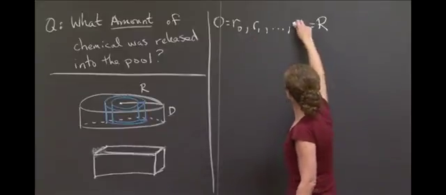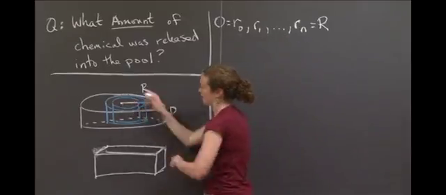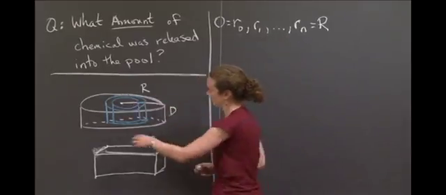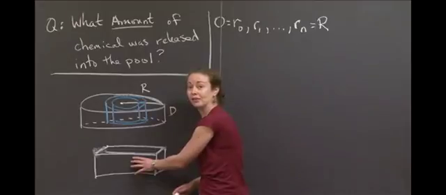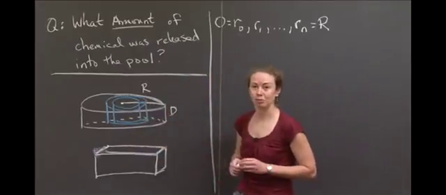But I have n different partitions. For each partition of this big cylinder, I get a piece like this, right? A piece that when I open it up looks approximately like this.